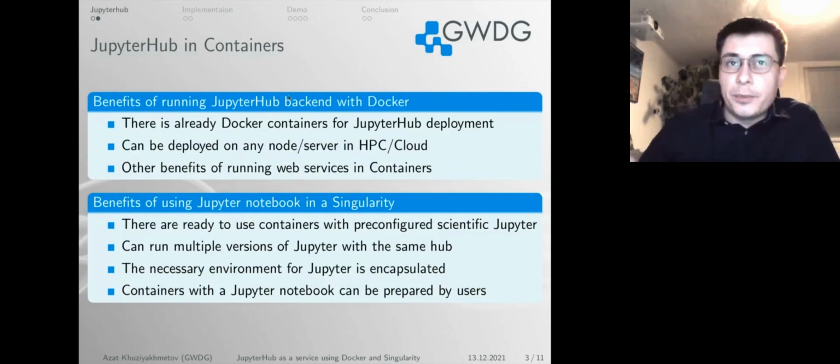A benefit of using Jupyter notebooks in Singularity is that there are ready-to-use containers with pre-configured scientific Jupyter notebooks. You can run multiple versions of Jupyter with the same hub. The necessary environment for Jupyter is encapsulated.